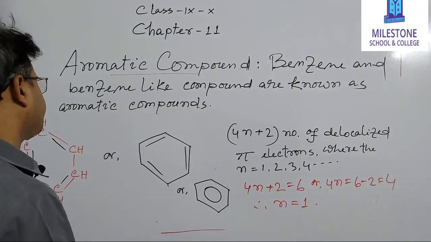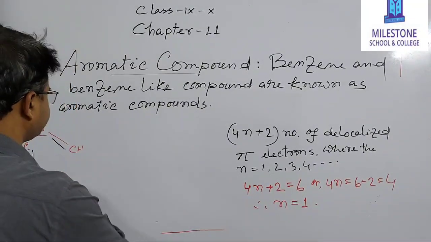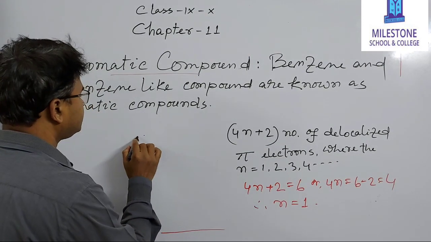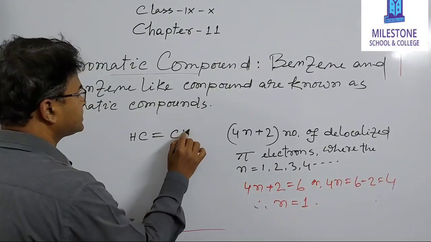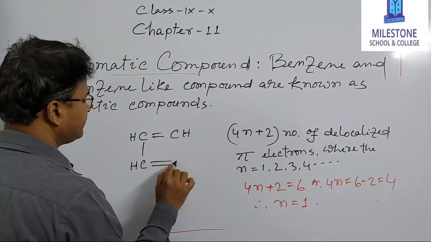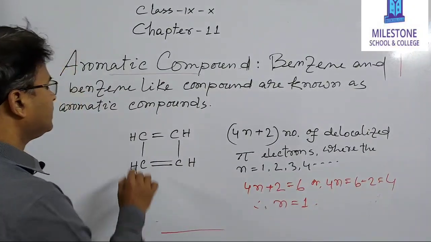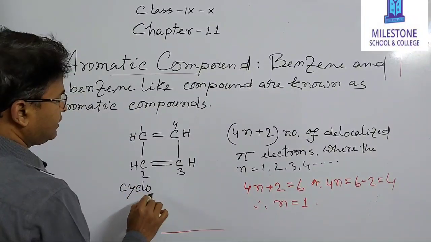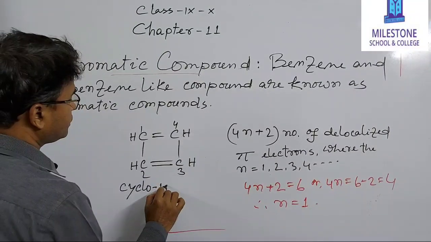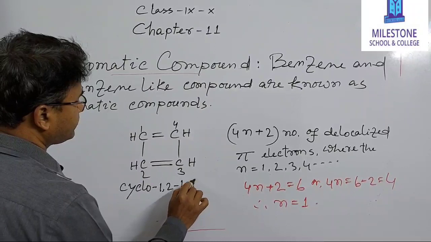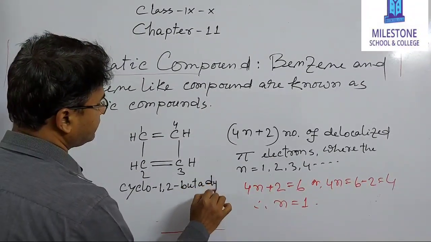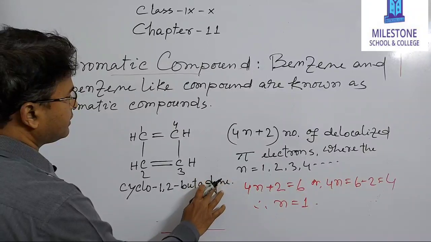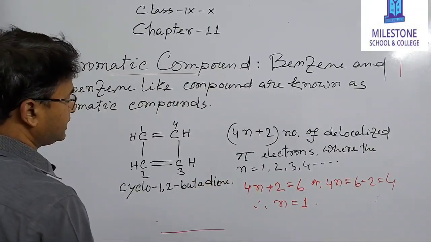Now again I would like to show you that you may ask me, sir, suppose one compound, CH double bond CH, single bond, CH and again double bond, this is 1, 2, 3, 4, cyclo-1,3-butadiene.